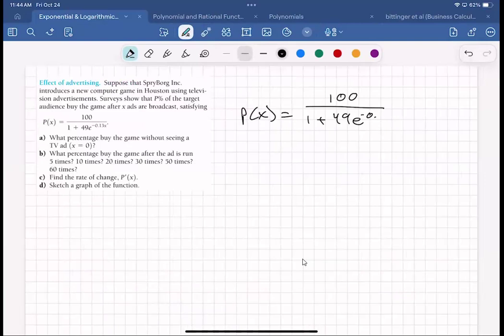Now, if I ask you about end behavior, so the limit as x goes to -infinity of p of x, and the limit as x goes to +infinity of p of x, we could use the function itself, right? But what's the smallest percentage that we can work with here?